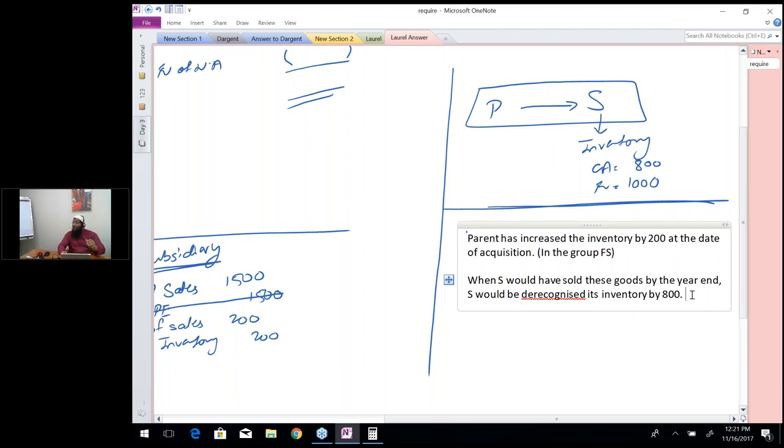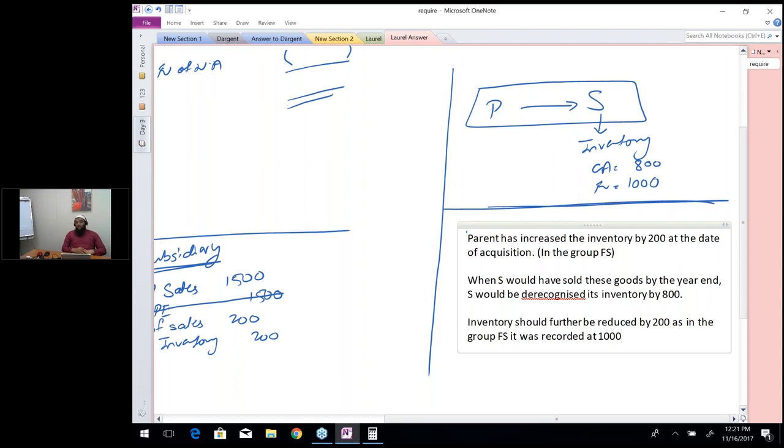800. But according to the group financials, it was at 1000. So now what has happened, that inventory should further be reduced by 200, as in the group financial statements it was recorded at 1000.